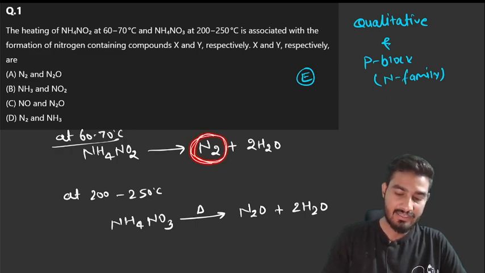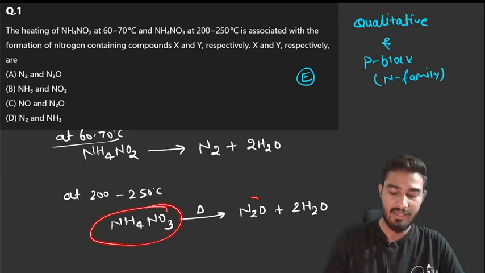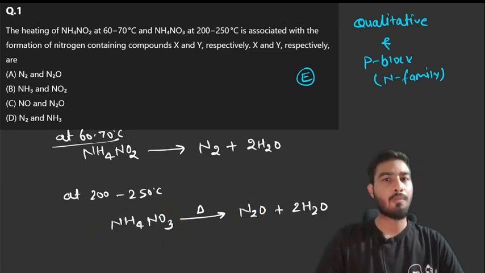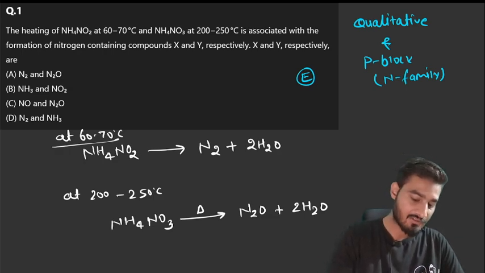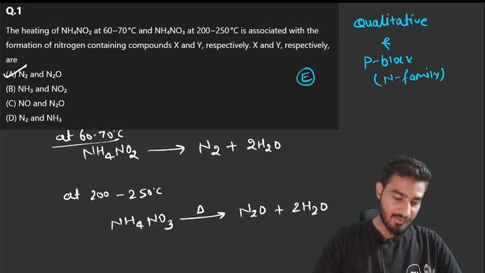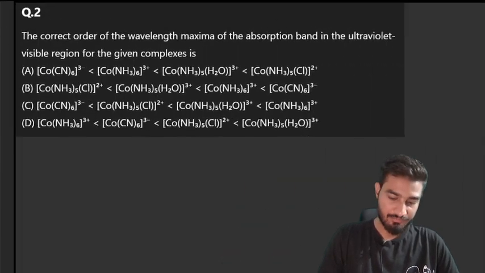N2 gas is released in the case of NH4NO2, and N2O in the case of NH4NO3. So no problem, it is an easy question. If we check the options, the first option will be correct. Okay, let's go to question number 2.